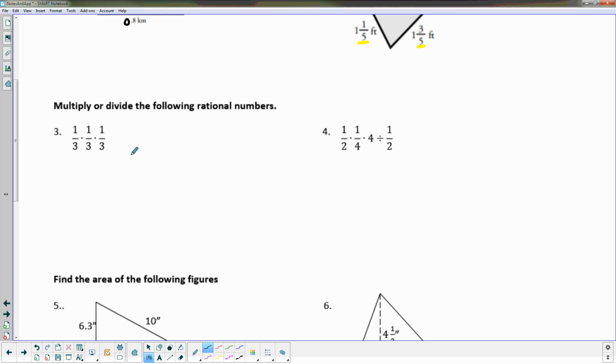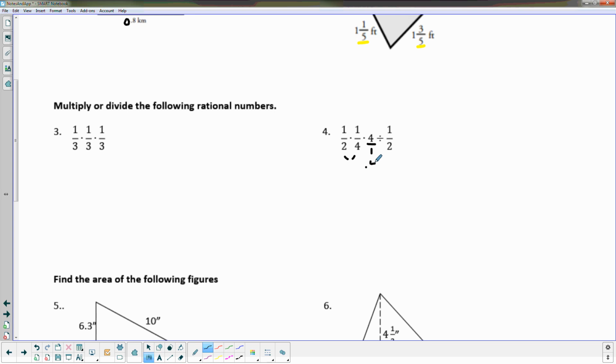The next ones are just some trickier problems when it comes to multiplying and dividing. The one thing I will say for number 4 is remember that this 4 is actually a 4 over 1. My main thing to look at is what happens when I multiply these two together. Okay, what do I get there?